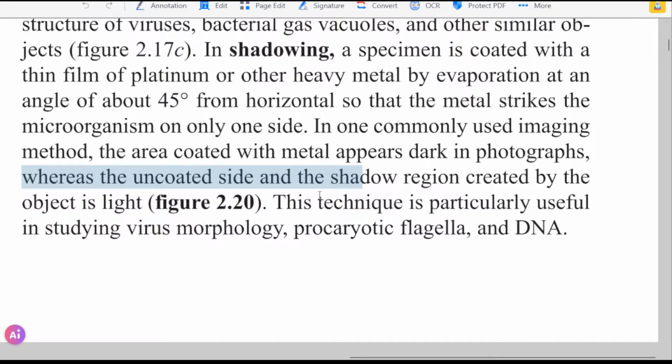So now that you have coated only one angle of the specimen, what happens? The area coated with metal appears darker in the photographs because it reflects the electrons, while the uncoated side and the shadow region created by the object are light.